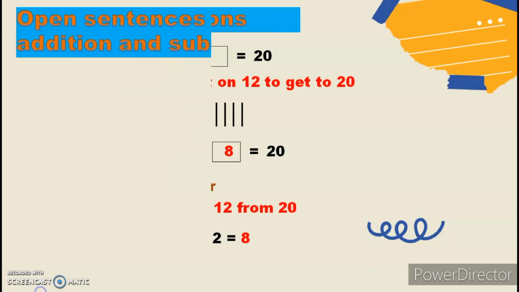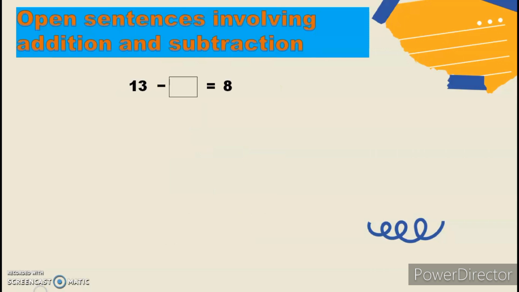So let's look at the next example. This is 13 minus empty box equals 8. In this example, I can count 13 and see how many I can take away from 13 to get 8.